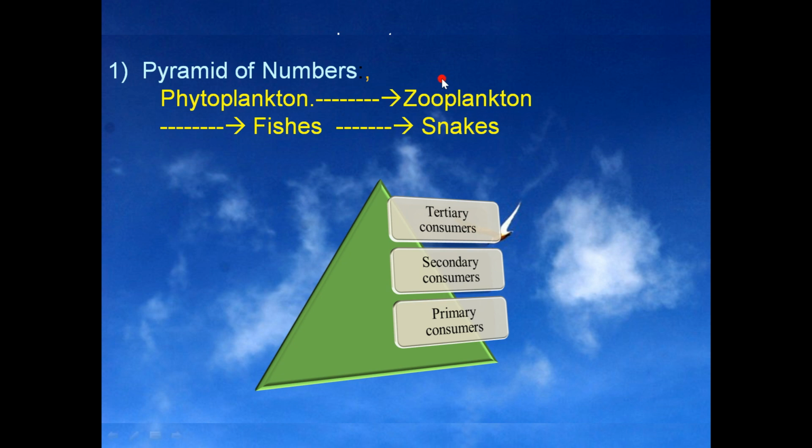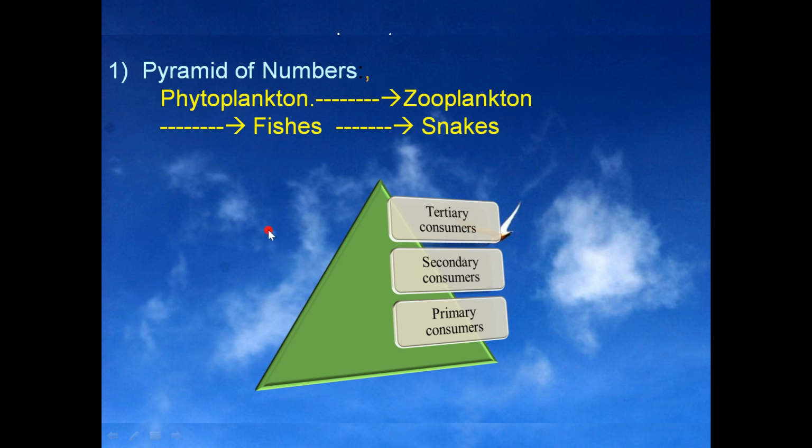So the number of producers in an ecosystem is very high, and the number of herbivores is lesser than the producers, that is, the producers are greater in number. That can be represented in a diagrammatic way, in the pyramid.